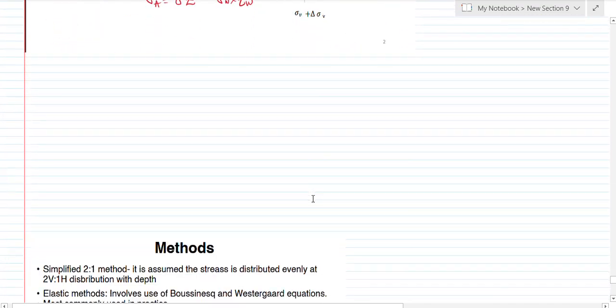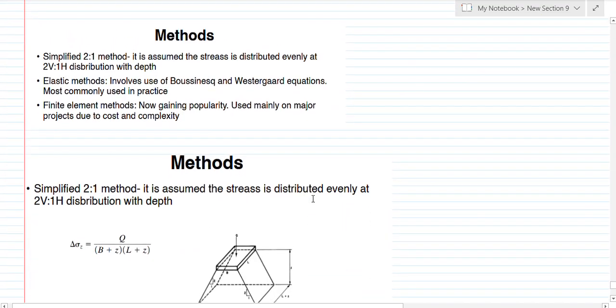And so that is basically what we are going to look at. The next thing that we are going to look at is the methods. It's easier for us to find the geostatic stress. Very easy. It's given by Terzaghi's equation, that is the unit weight times the depth. And if I want the effective stress, it is equal to the total minus the pore water pressure.